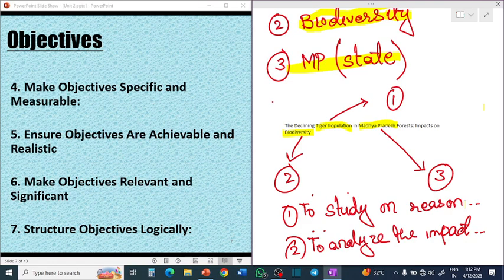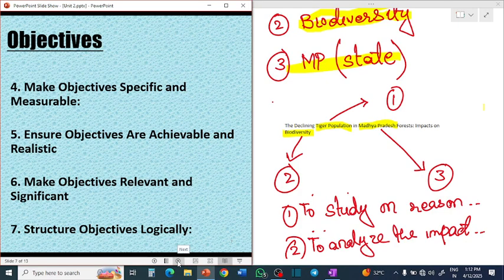So we have to arrange our objectives in a logical, sequential manner. Second, we can say to analyze the impact on the state of Madhya Pradesh of the decreasing population of tigers. See, in the second point we have included Madhya Pradesh. So in your objectives also you will include things according to the sequence in which we have given the title.